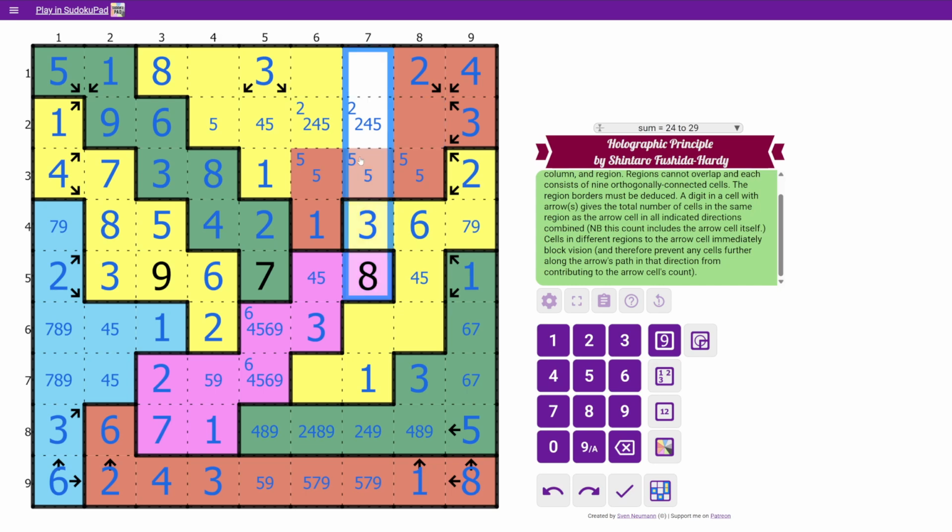It's looking up this way, looking over this way. Red still needs an 8. Must go there. This is now a 4, 9.